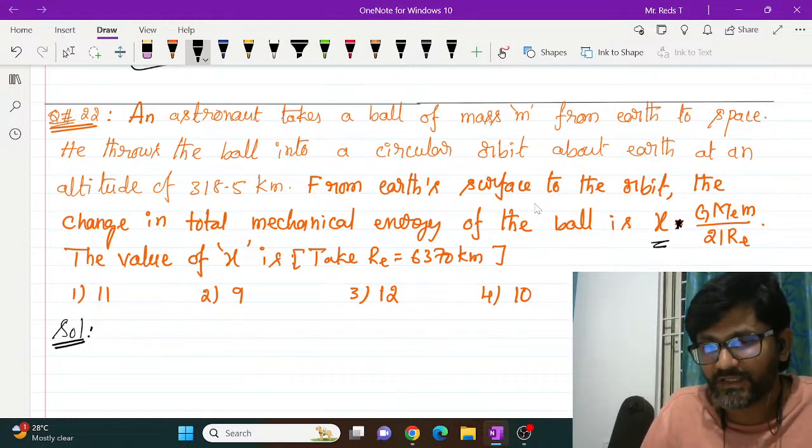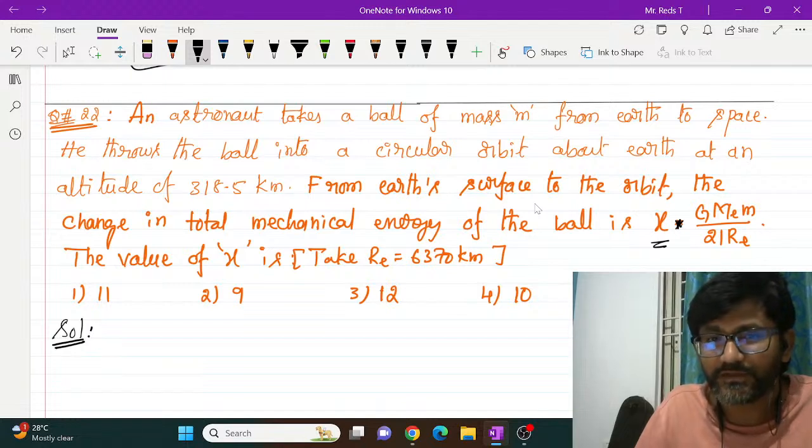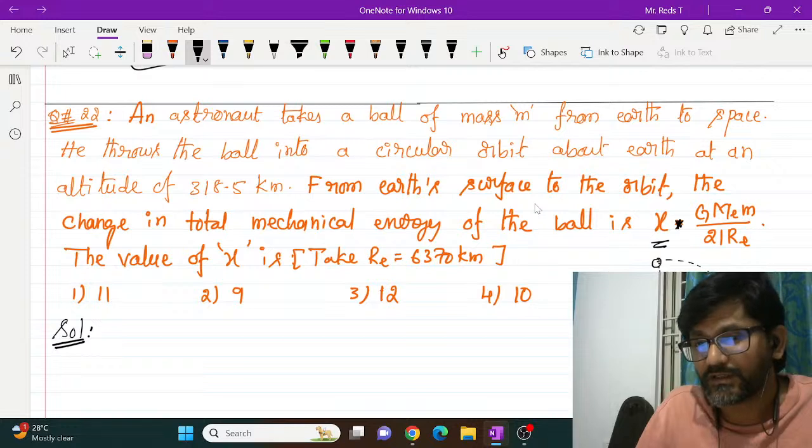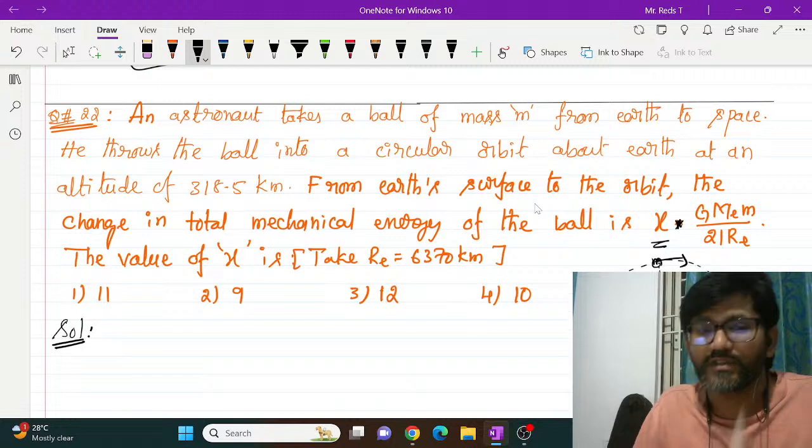You just have to understand the scenario quickly. This is the center of Earth, radius of Earth is capital R, and mass of Earth is capital M. From here, an astronaut takes a ball of mass small m from the surface of Earth to space, somewhere here, and he throws this ball into a circular orbit, like this kind of orbit, after taking it to some height h.